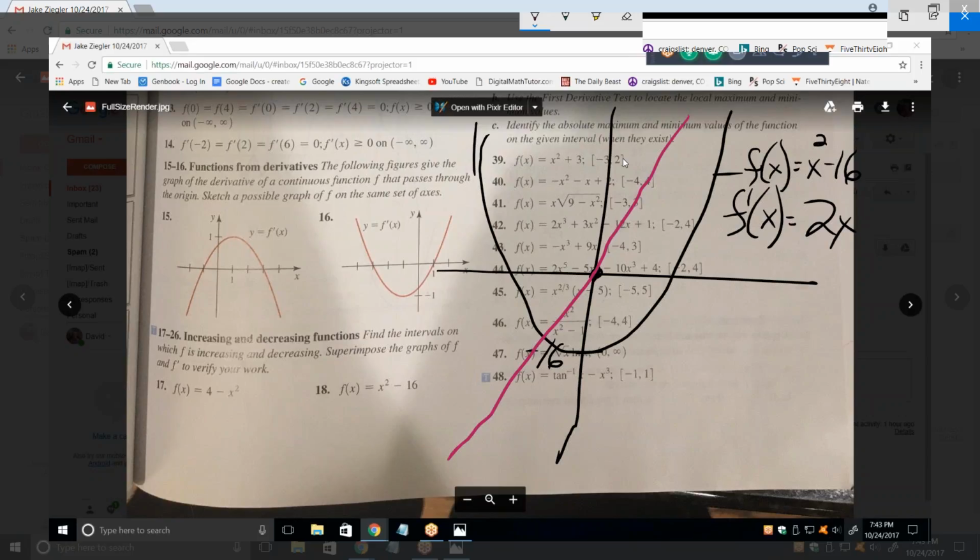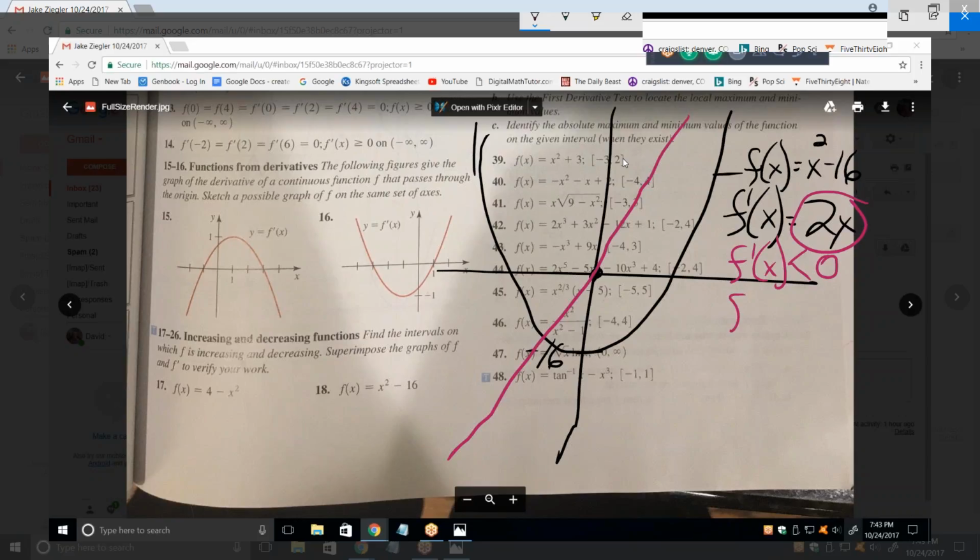Black graph. 0 to positive infinity. Where is it decreasing? 0 to negative infinity. Notice that agrees with where f prime of x is less than 0 when x is negative.